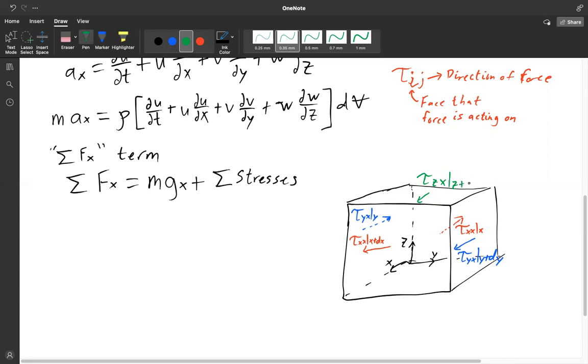So this is tau zx evaluated at z plus dz, and one more, tau zx evaluated at z.